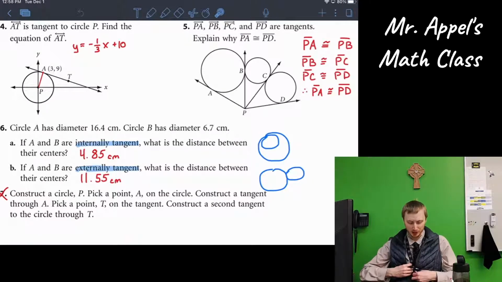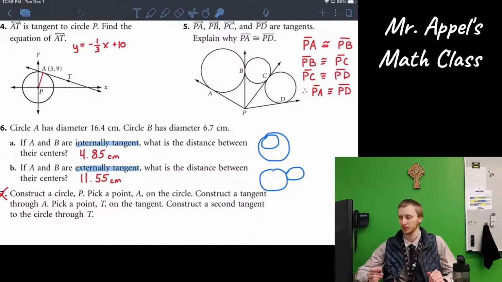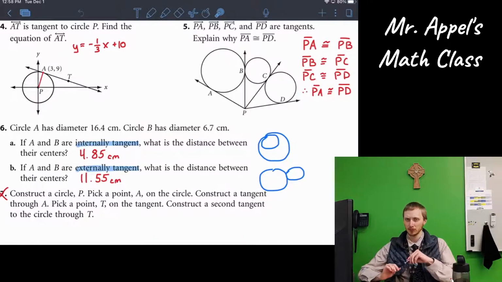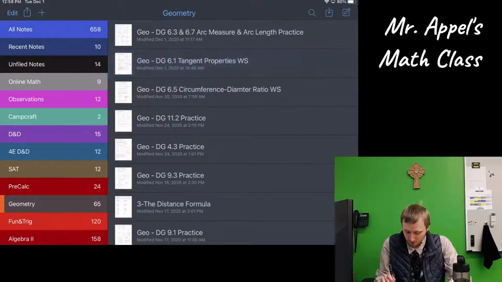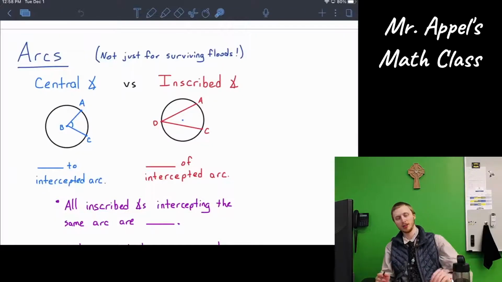Okay, remaining questions on that page? No? All right, then let's jump into today's feature presentation, arcs.